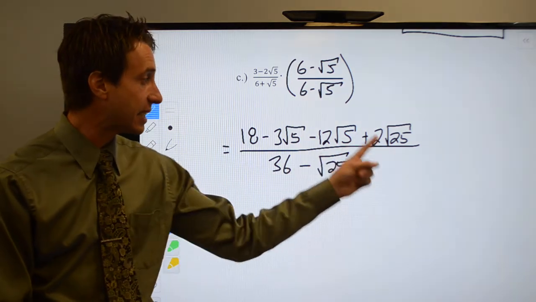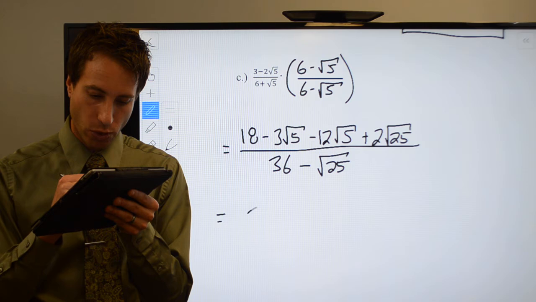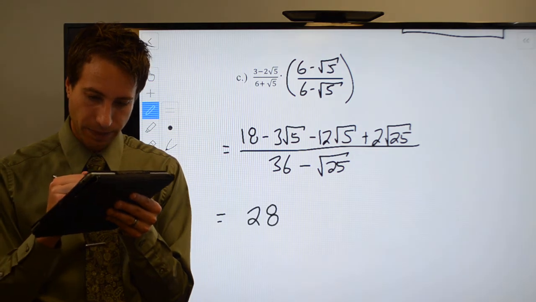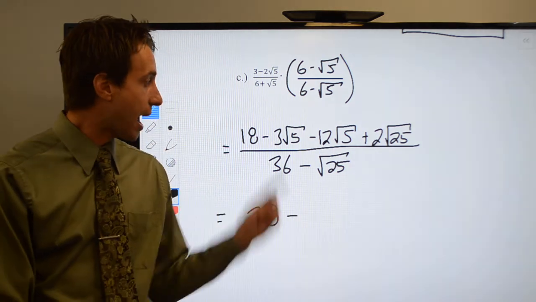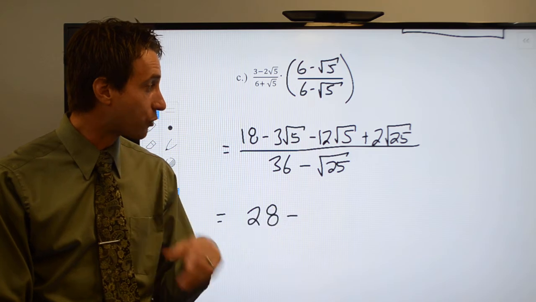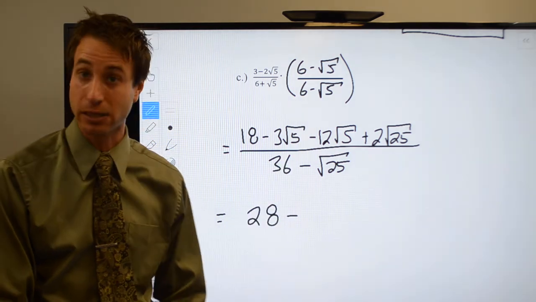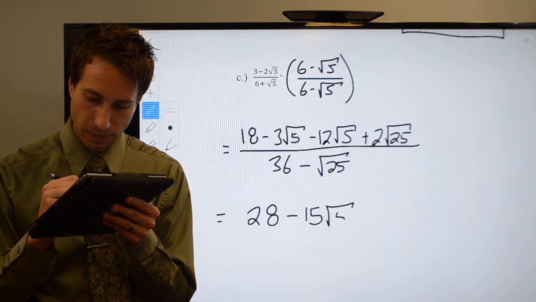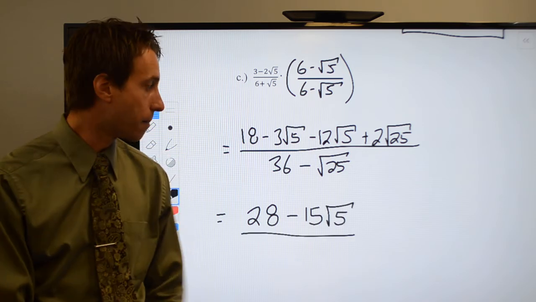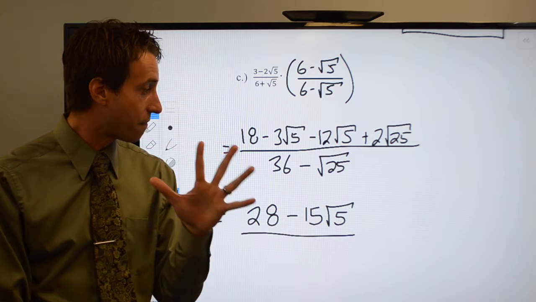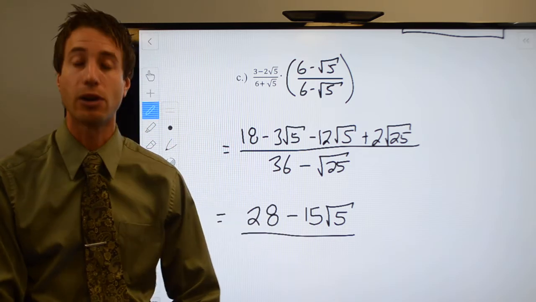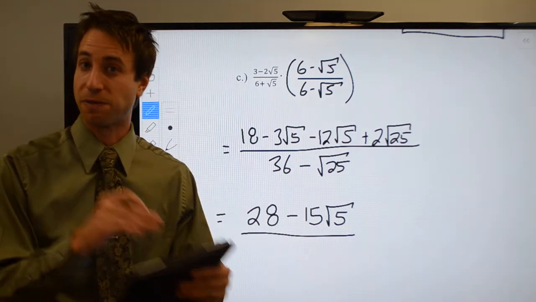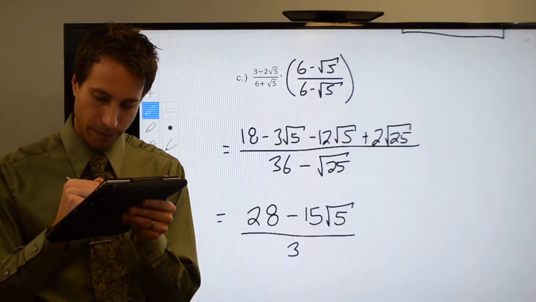So we're going to have 18 plus 10, which should be 28. Then I have a negative 3 and a negative 12, so that's going to be a minus 15 square roots of 5. In the bottom, square root of 25 is 5. 36 minus 5 would be a 31.